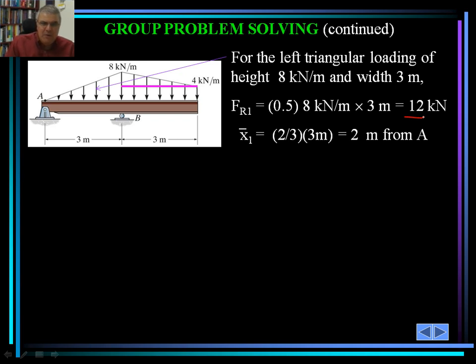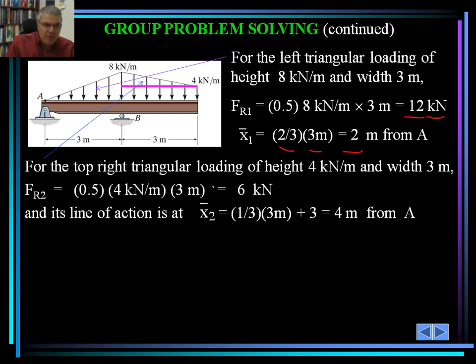So when I say area, we don't do an area calculation because our units are not area units, but we are finding the area under that particular loading curve. In this case, it's a triangle. So x1 would be 2/3 times 3. It's going to be 2 meters from A.